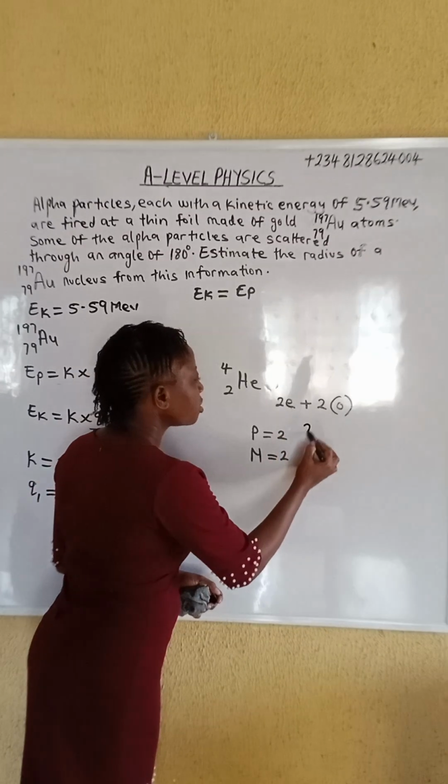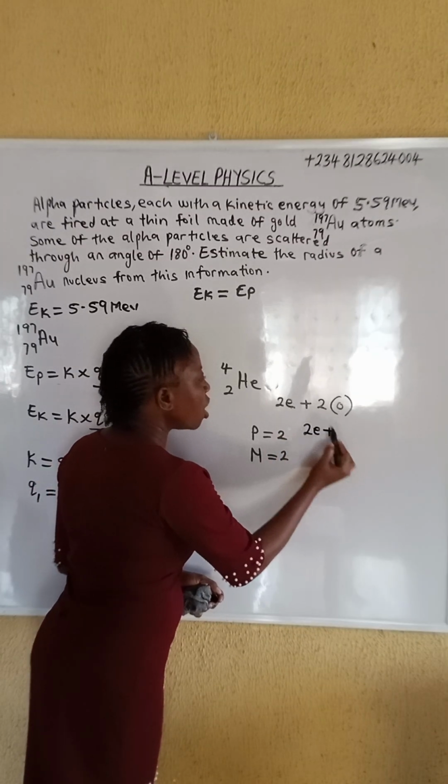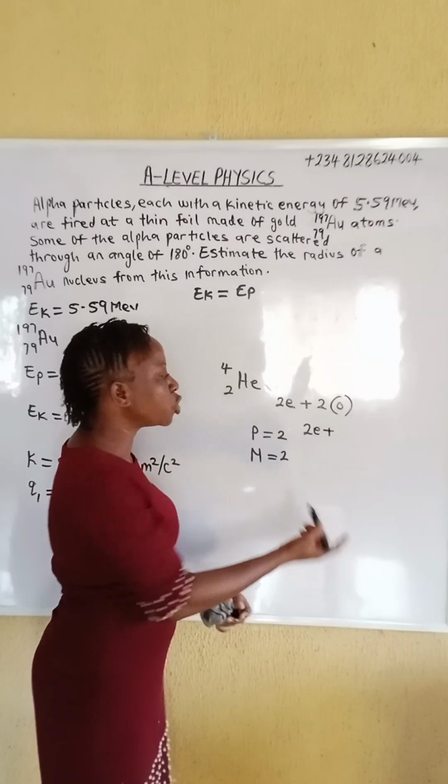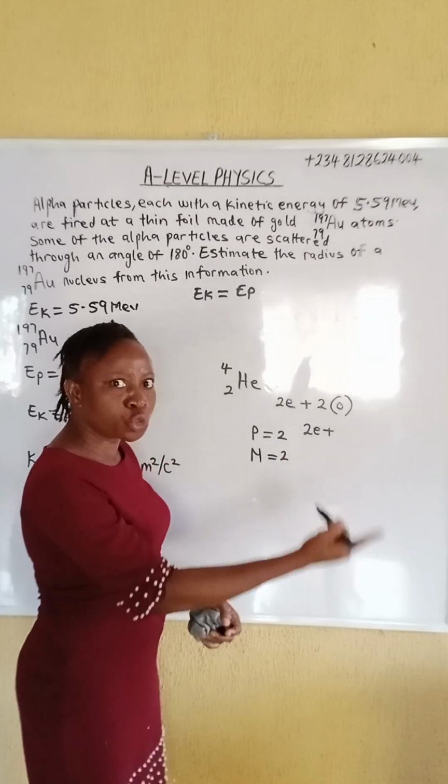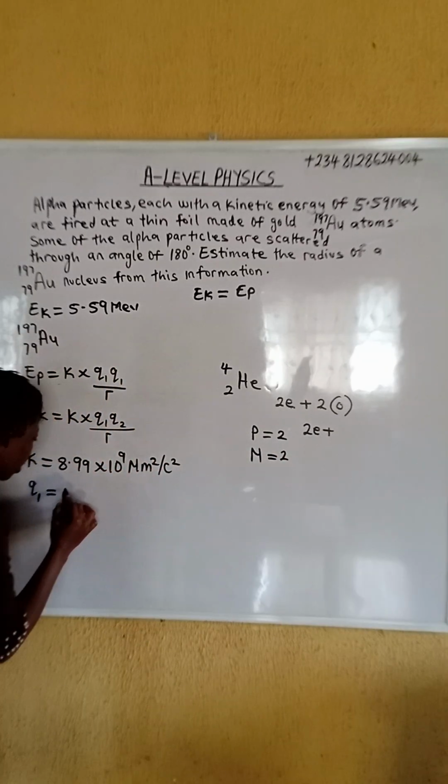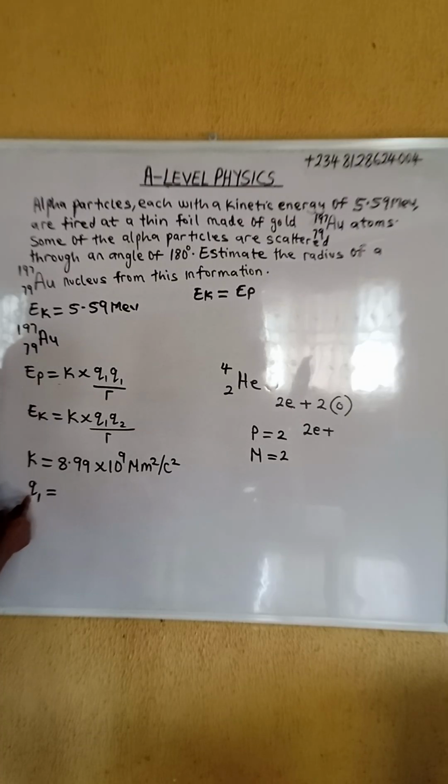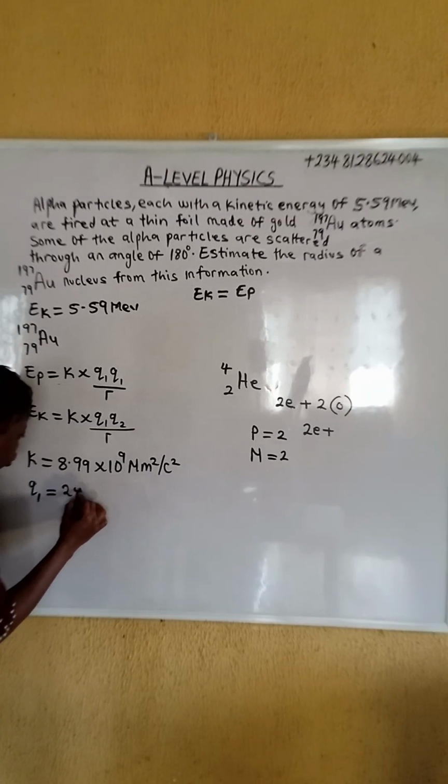So 2e plus 2 times 0 gives 2e. So the charge of the alpha particle is equal to 2e.